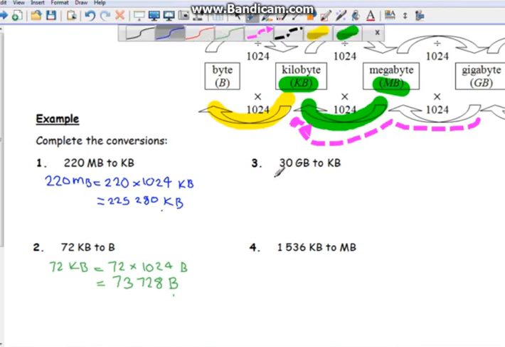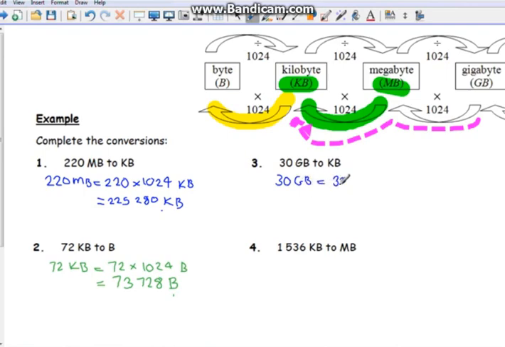So 30 gig to kilobytes, 30 times 1024 times 1024. And remember that is going to kilobytes. So this will be our answer in kilobytes.